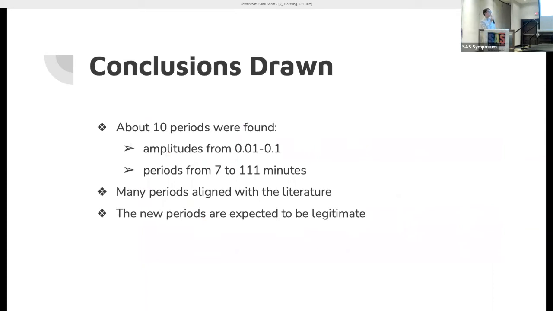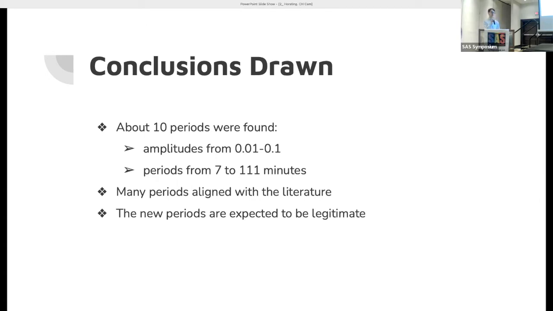After analyzing the different periodograms from each method, we have found up to around 20 different periods, although some that were close in value were then grouped, so this comes to a little over 10 periods. These have amplitudes from around 0.01 to, in some cases, even above 0.1 to 0.19. These also had periods ranging from 7 to around 111.